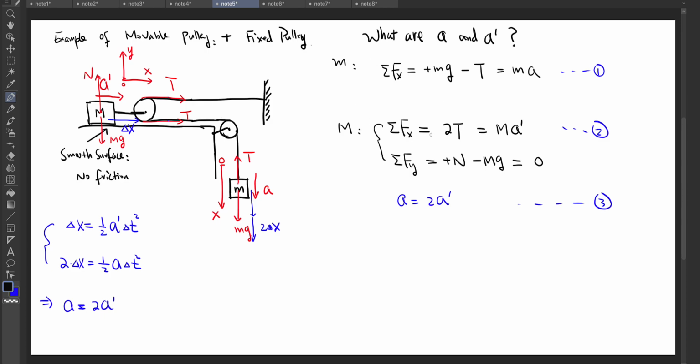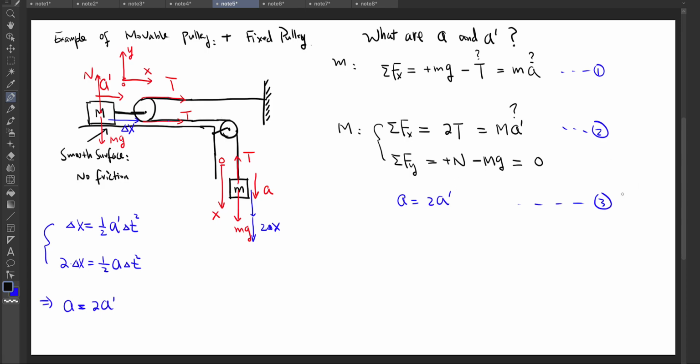All right, so now let's see, how can we solve for these two a's? Gravity, the little m here and big M, they're known quantities. T, however, is an unknown quantity. So let's think about getting rid of this capital T. Capital T is related to a prime here. So we have three variables: a, a prime, and T. First, let's get rid of this a prime.